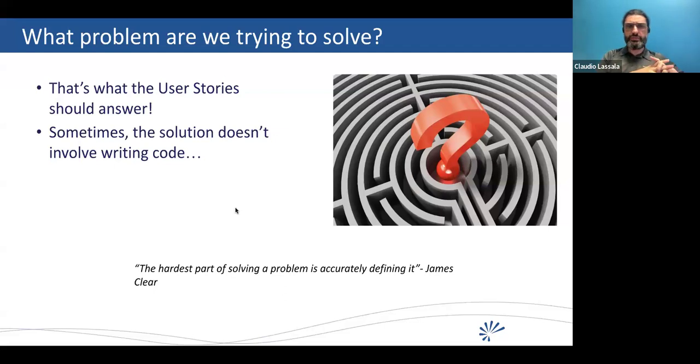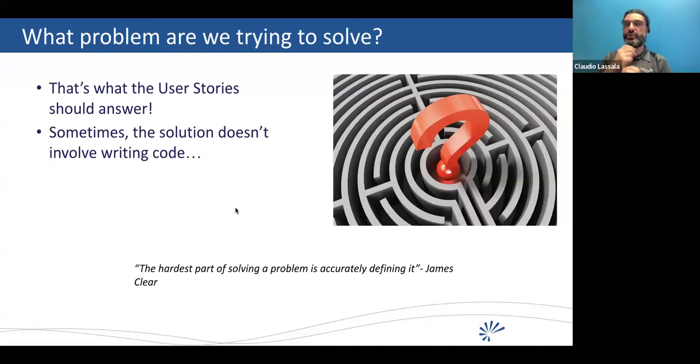And I like this quote here from James Clear at the bottom. The hardest part of solving a problem is accurately defining it. So developers always say that we are problem solvers, right? Well, if a developer cannot clearly articulate what problem the code that they are writing solves, you're not really solving a problem, right?